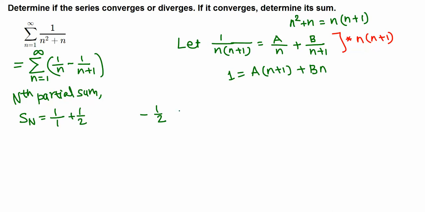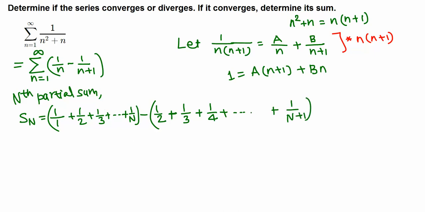Plus the third term, n equals 3, so 1 over 3 minus 1 over 4, all the way to the Nth term, n equals uppercase N, so 1 over N minus 1 over N plus 1.